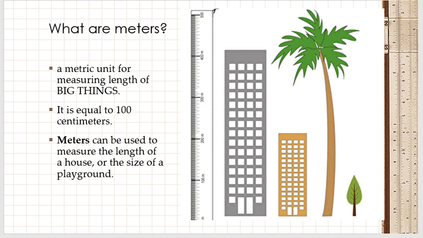If you wanted to measure a wall, you would use a ruler. If you wanted to measure how tall a door was, you might use a ruler. I mean, you could use centimeters, but then you'd have to make sure you had a very long ruler that had all of the centimeters that you needed. So it would be easier to use a meter stick. That's what I meant.